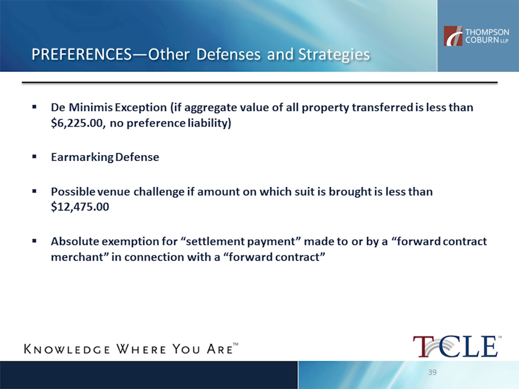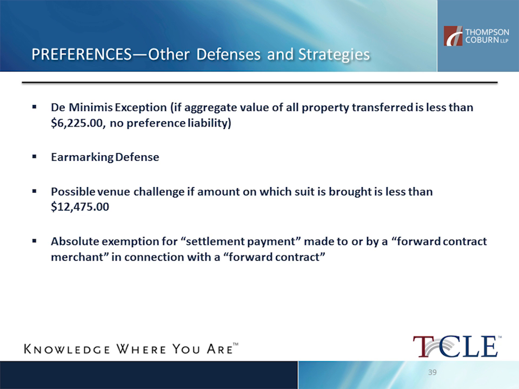That doesn't mean you won't necessarily get a suit or a demand for an amount that's less than that, but there is a venue provision that should direct a preference plaintiff that they're not supposed to file in the venue where the bankruptcy is pending, but rather in the venue of the creditor.